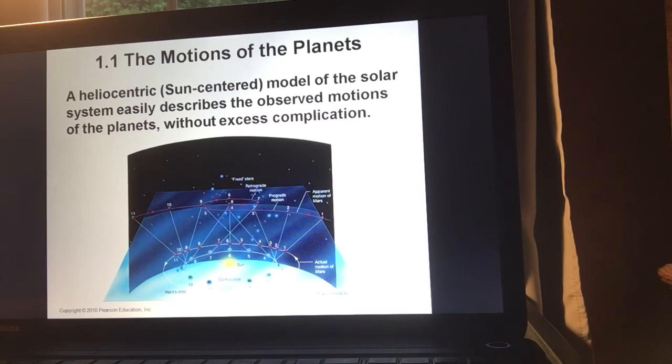Obviously we're trying to observe this planet from Earth's point of view, but both Earth and the planet are actually moving around the Sun. So when they are at position 1, we're looking at this planet from Earth, and we project that as if this planet is in this position in the sky. Now, both planets keep moving, so when they are at position 2, you're going to see that this planet appears in the sky at this position.